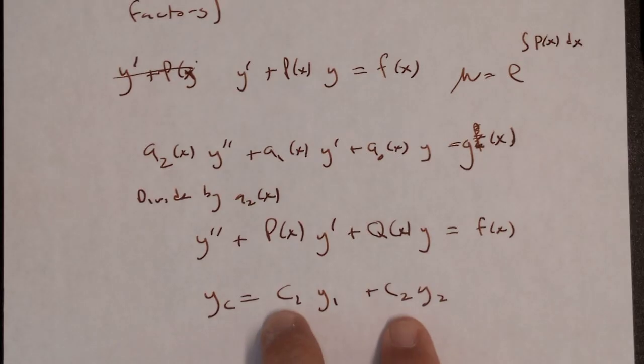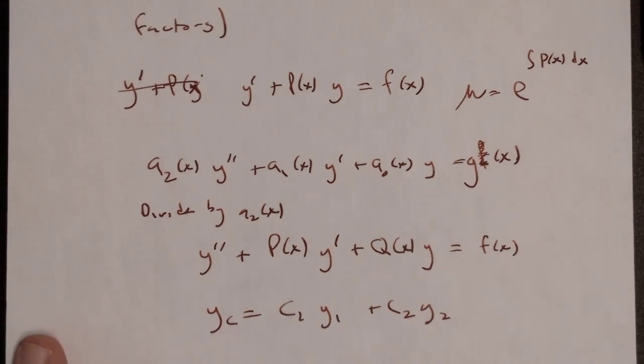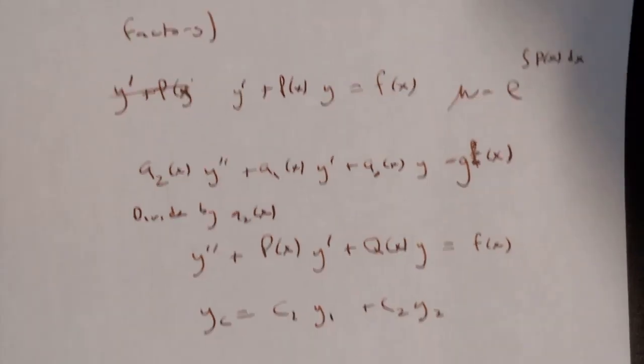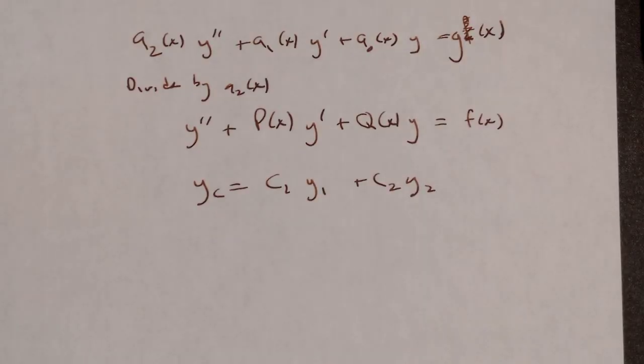These two are parameters. They're numbers that we can find. The method is called variation of parameters. Let's change C1 and C2 to functions. Let's let our parameters be variable.